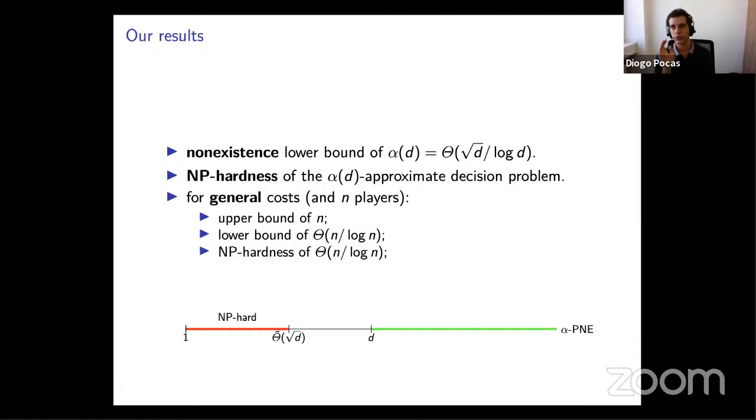As long as you build a game that does not have alpha-approximate equilibria, you can just take this game, whatever it is, and put it in the reduction, and you'll immediately get hardness of deciding the approximate equilibrium. So in other words, the boundary from non-existence to existence also gives you an NP-hardness guarantee immediately.